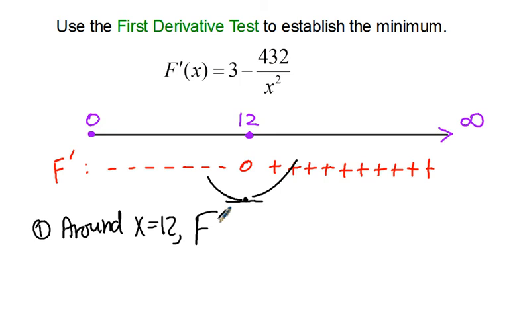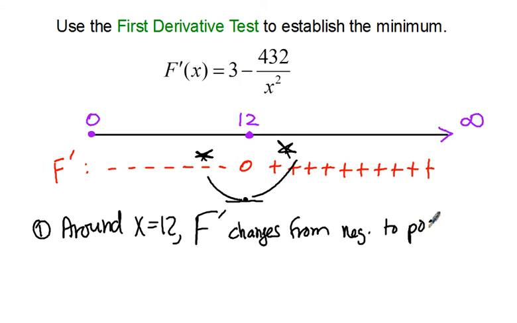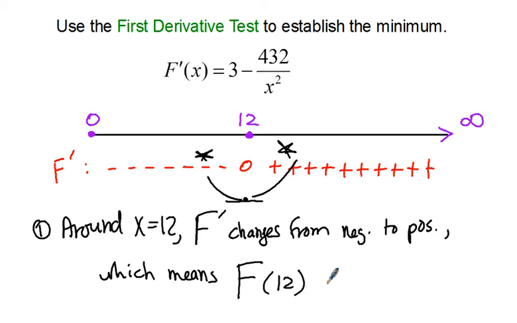F prime changes from negative to positive. From left to right, it changes from negative to positive. And what does this mean? It means the output at that input is a minimum.